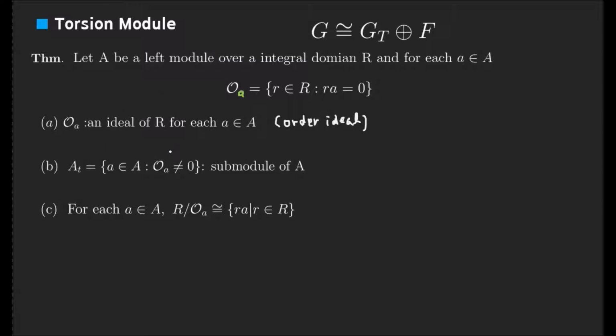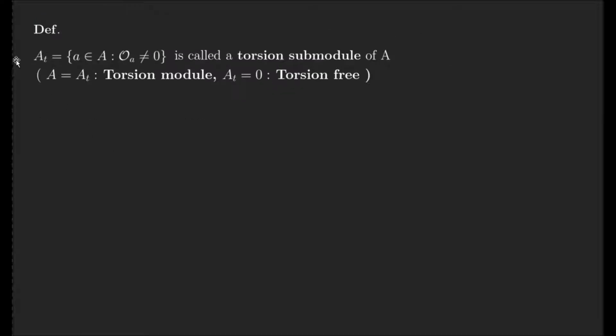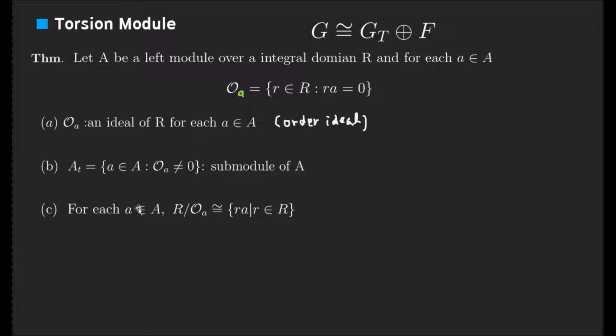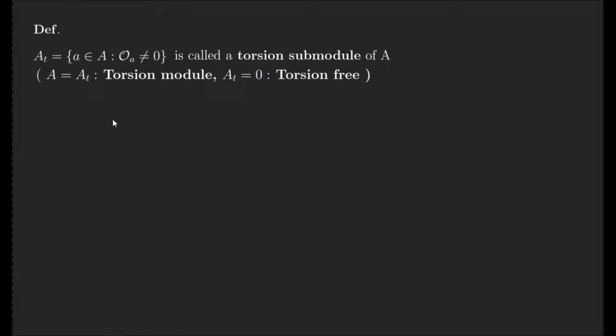Prior to proving this statement, if we believe this theorem is true, in case of statement B, if A_T is the submodule of A, we can say A_T is called a torsion submodule of A. The definition is reasonable when compared to the torsion subgroup in a group.